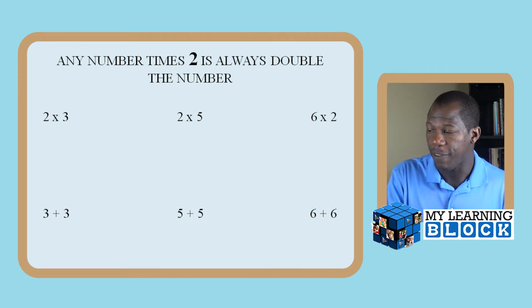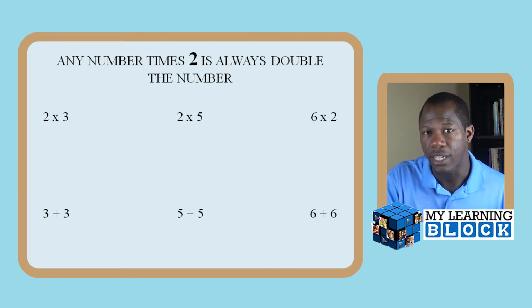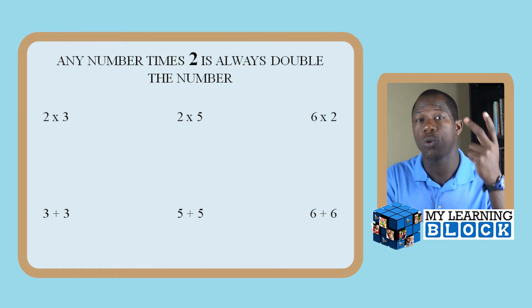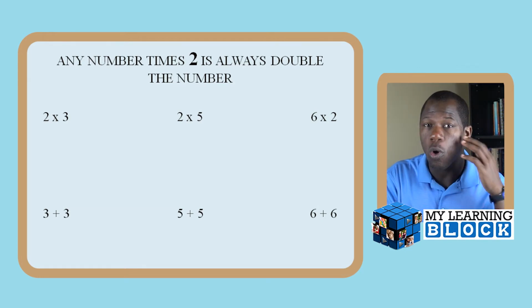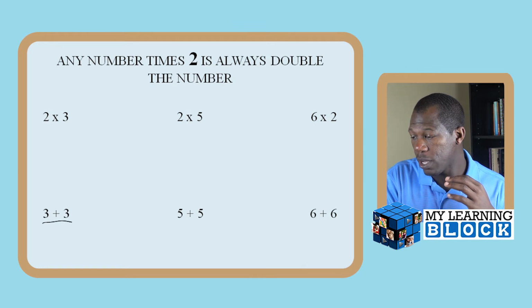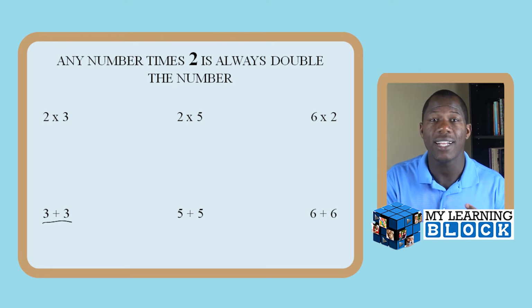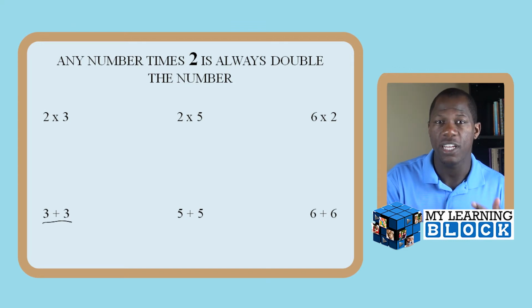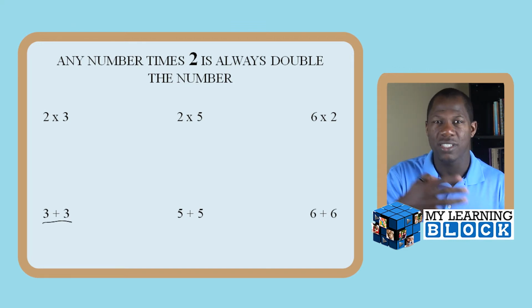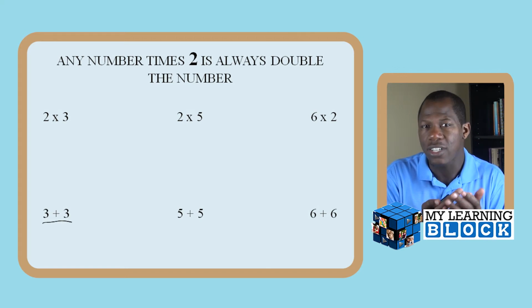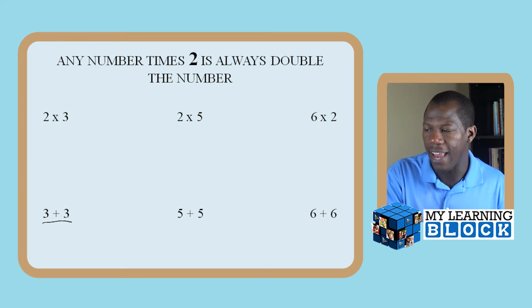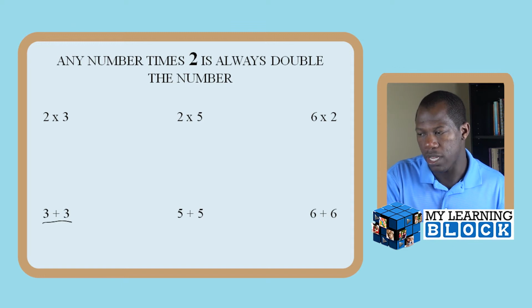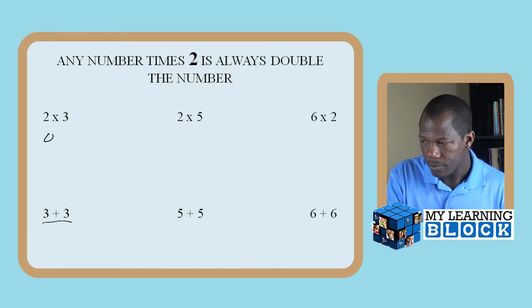So if I see 2 times 3, I can count on my fingers 2, 4, 6 to come up with a product, or I can think of it as 3 plus 3, because a lot of children, if they're at multiplication, have a good hang of addition. So 2 times 3: 2, 4, 6, or 3 plus 3, 3, and then I add 3 more, and it's 6 again. That's how you get the product.